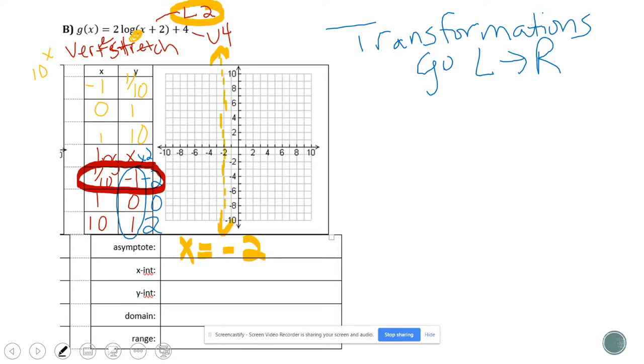So I start with 1/10, negative 2, and I am left 2, up 4, right there. 1, 0, left 2, up 4, and then 10, 2, left 2, up 4.